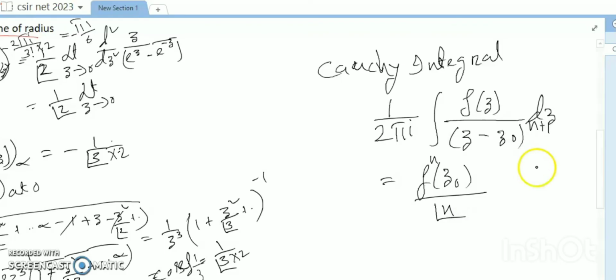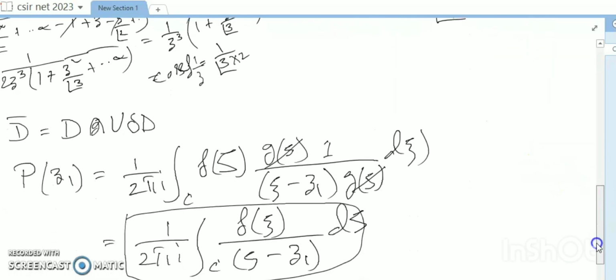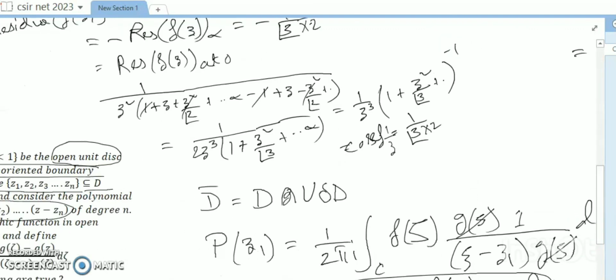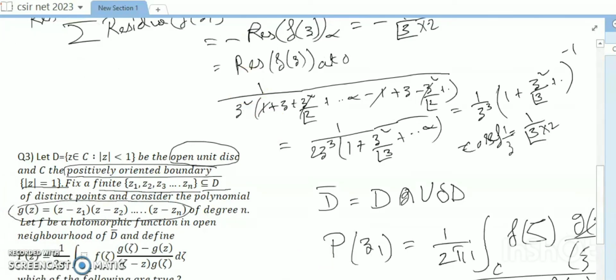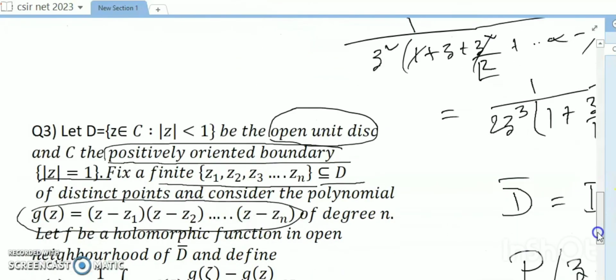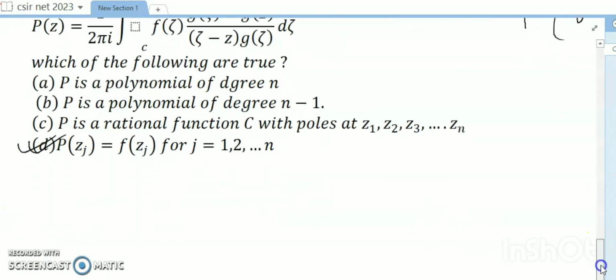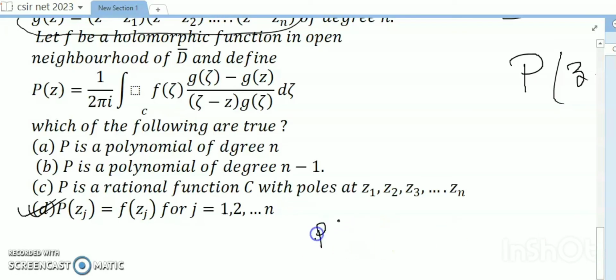So by my formula, I get f(z1). If you put the values z2, z3, zj, then you get the answer is correct. So similarly we can get p(zj) equals f(zj) by the Cauchy integral formula.